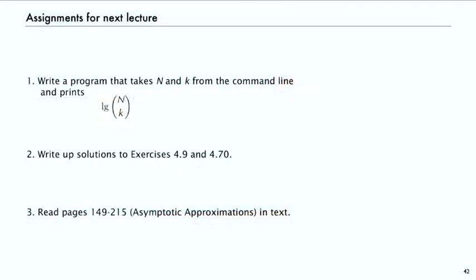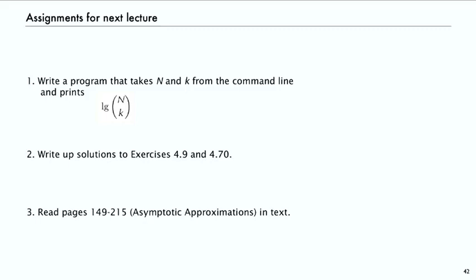One thing that you might do just to get started is write a program that'll print log base 2 of n choose k, and just use what we've talked about in this lecture to get that done. That's an interesting exercise. And write up solutions to the two exercises that I just gave.